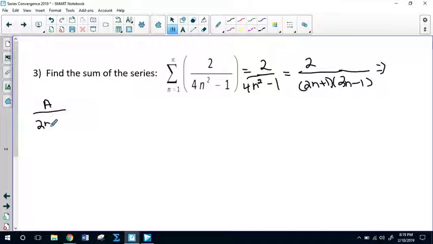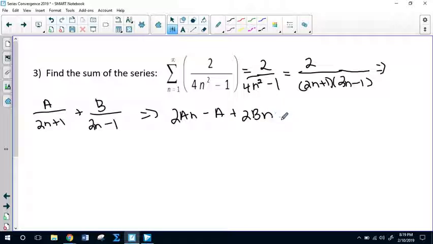A over 2n plus 1 plus b over 2n minus 1. And then we're going to simplify this, and it's going to end up equaling 2. So when I get rid of the fractions here, I have 2an minus a plus 2bn plus b, and that whole thing equals 2.